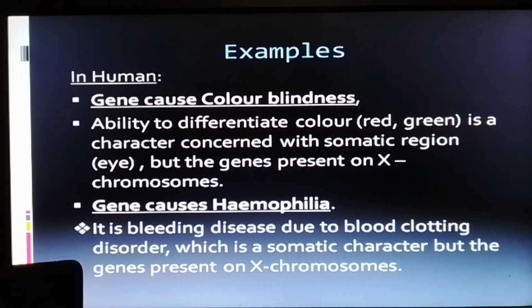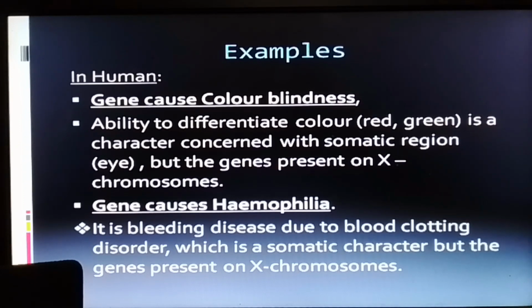Here color blindness may be a general pure somatic character, common for both male and female. But the gene, instead of being purely somatic, is found on the X chromosome. That's why it's taken as an example of X-linked genes.